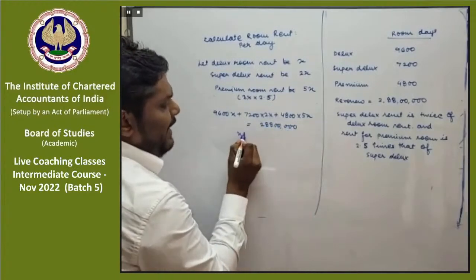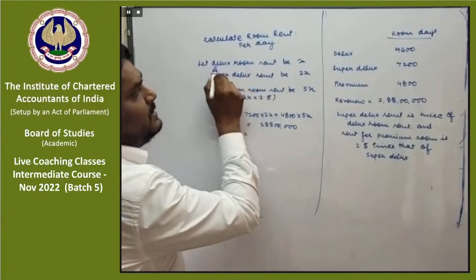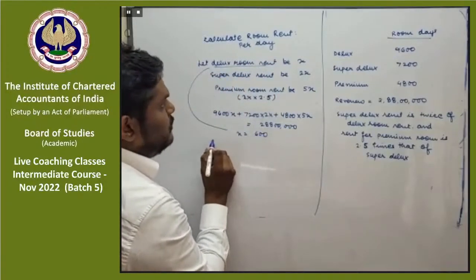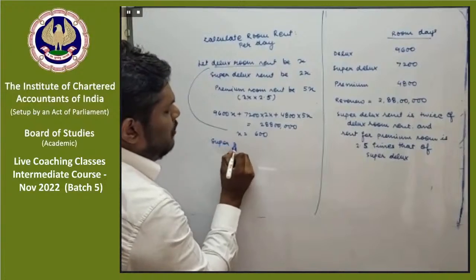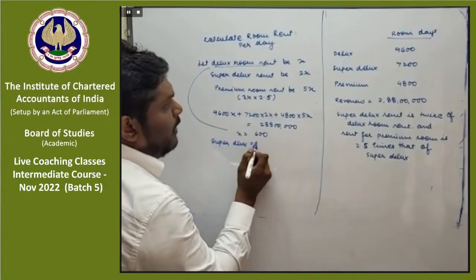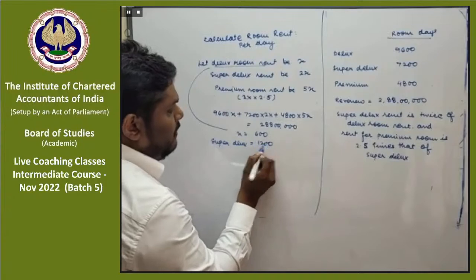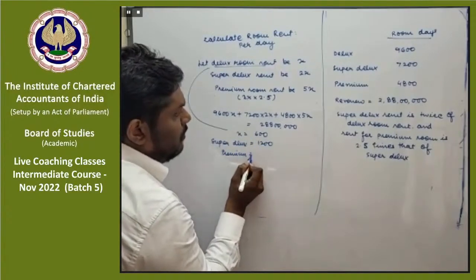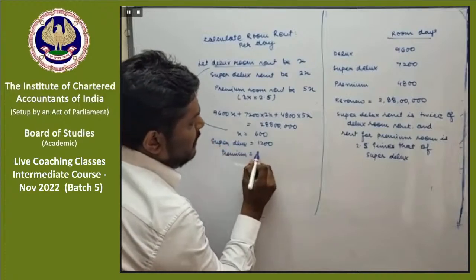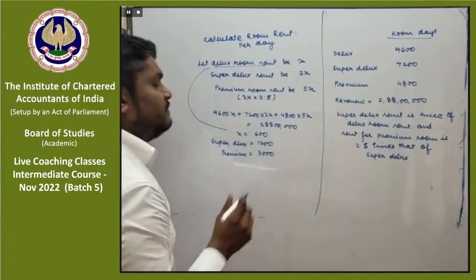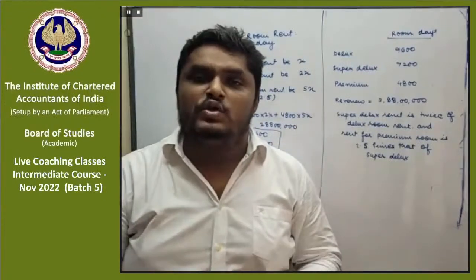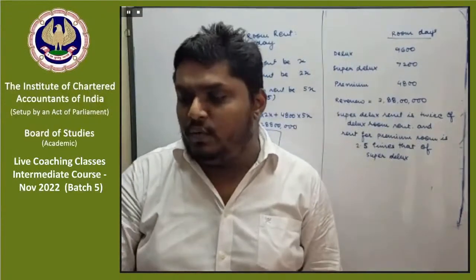So accordingly, x, that is the room rent for deluxe room, will be 600, for super deluxe it will be 1200, and for premium room it will be 3000. So this is the way you guys have to solve the question.